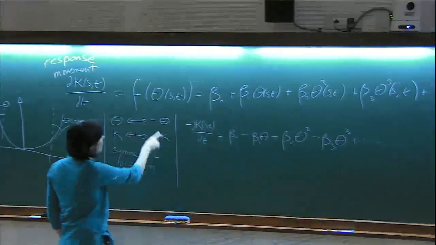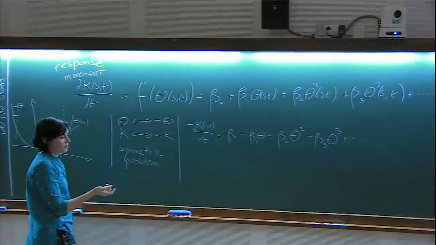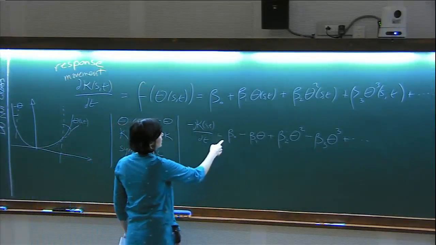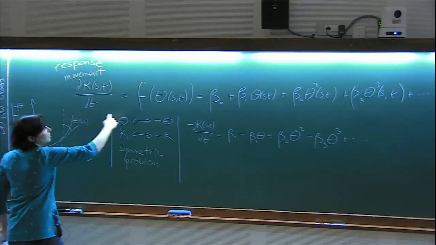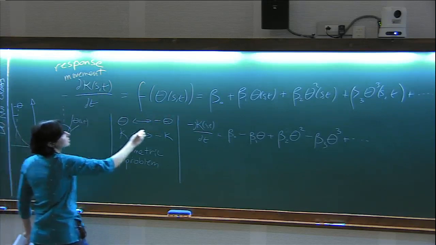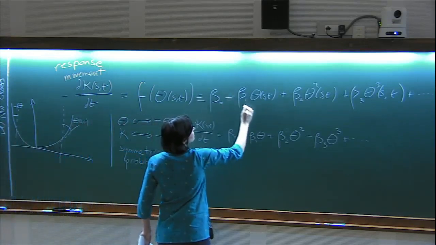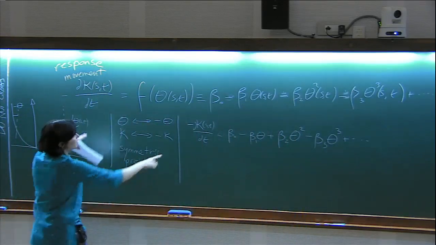Now if we compare the two, we see that all the even powers will have to go to 0. If I multiply all of this by minus, it will be minus this, minus, minus, minus.